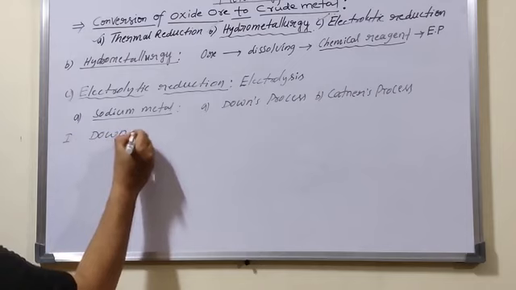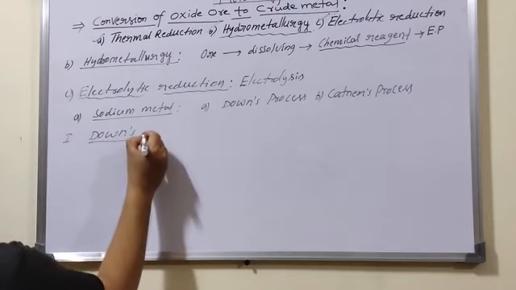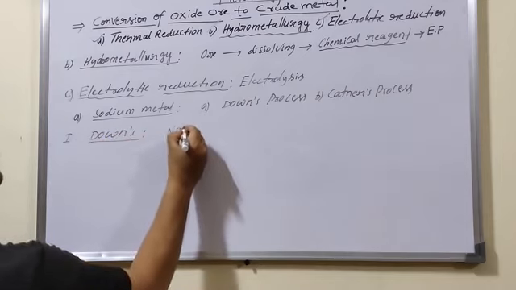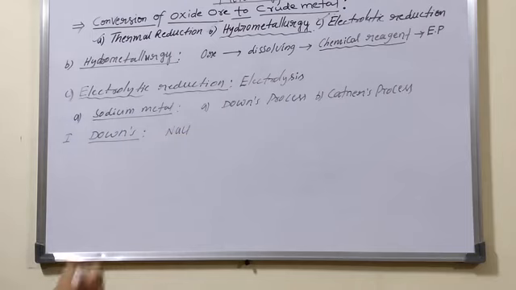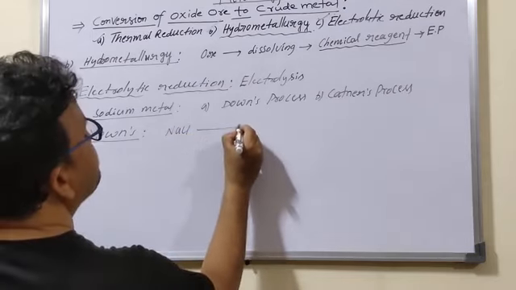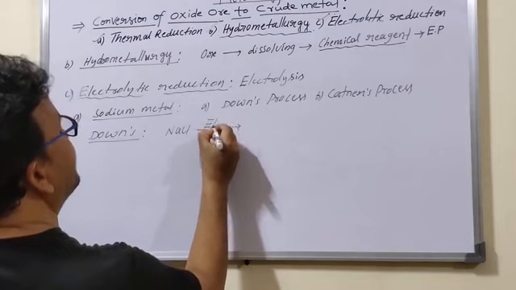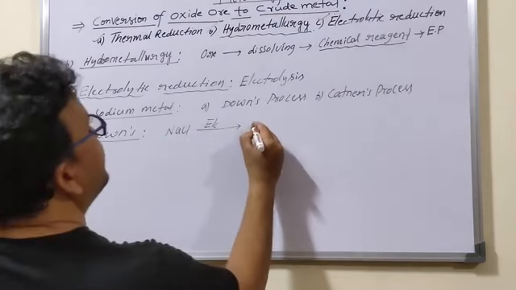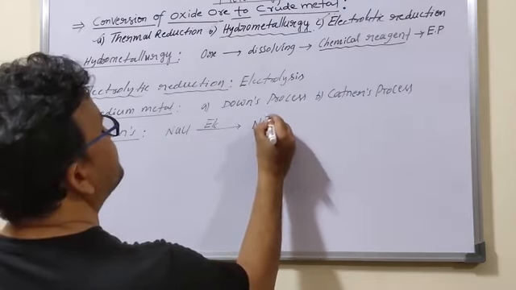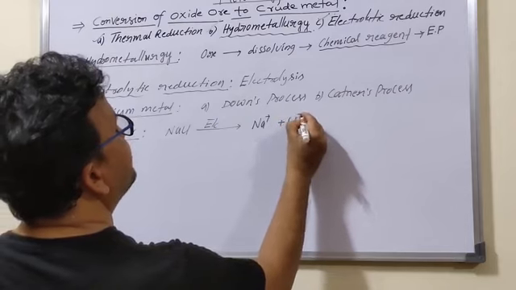What is meant by the Downs process? Here, sodium chloride is subjected to electrolysis, passing an electrical current, and we get Na plus and Cl minus.